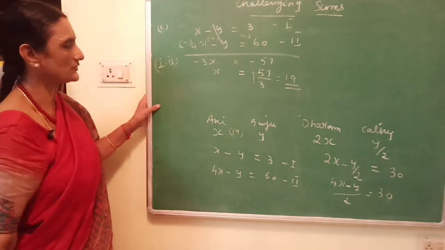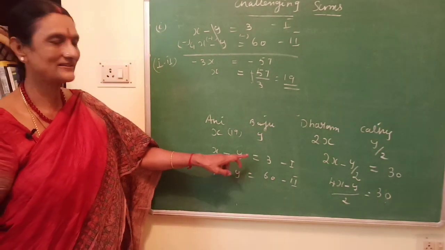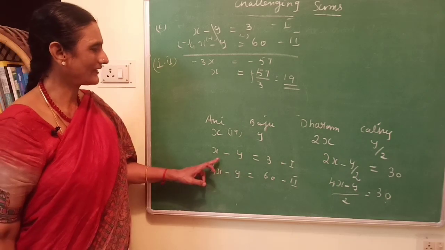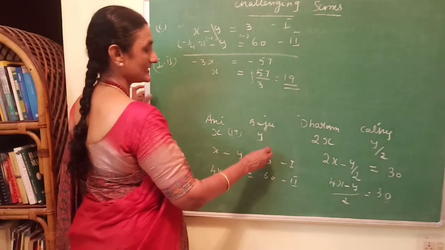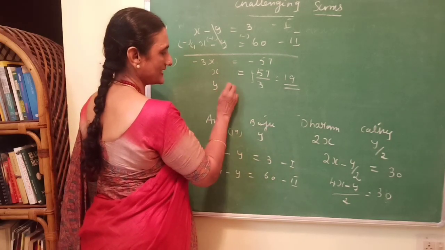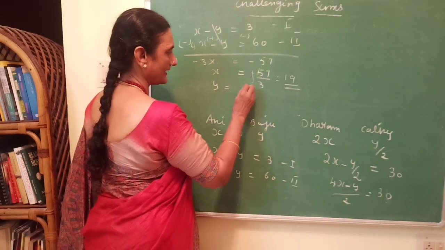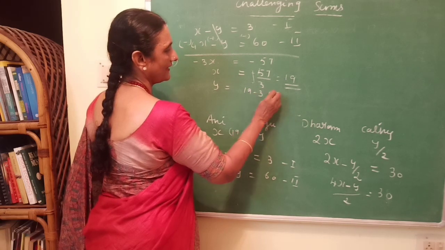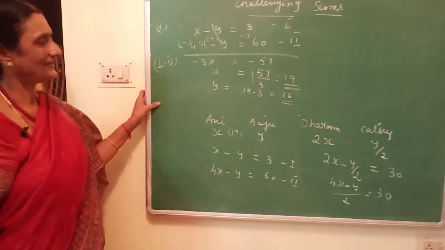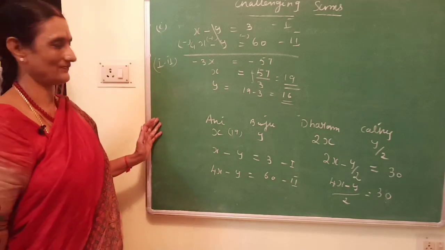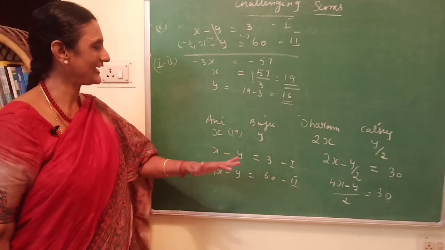And then Baiju: x minus y is 3. Therefore, 19 minus y is equal to 3. So y is equal to 19 minus 3, which is equal to 16. Now sometimes we have to find the other ages also. So what is Dharam's age?